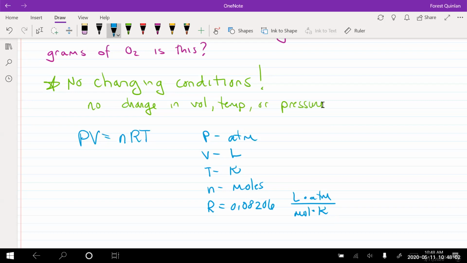If I give them to you in something else, you better convert it. While we were able to use whatever units we had in the other gas laws, commonly called the combined gas law, because we're combining all the different ones that people had, in the ideal gas law, we have to stay in these units.